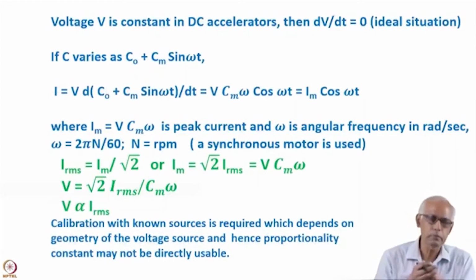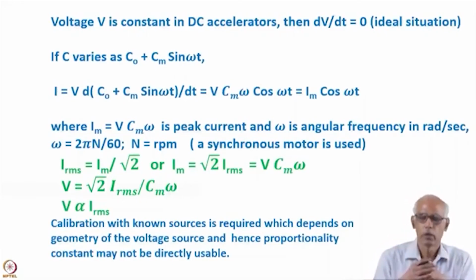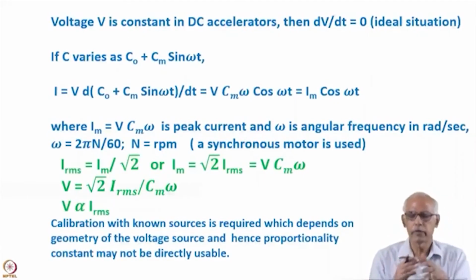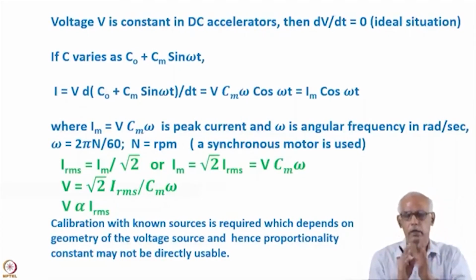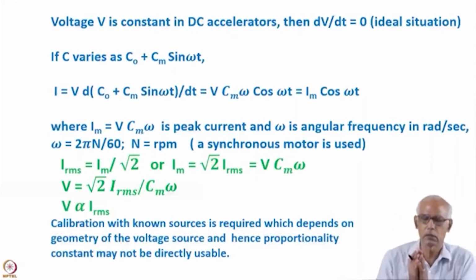To the first order, dV by dt will be 0. Now let us say C varies as C naught, a constant value, plus Cm sin omega t. This variation is there because it's rotating, and whenever slots are matching, there will be a variation in it. So C varies like this.